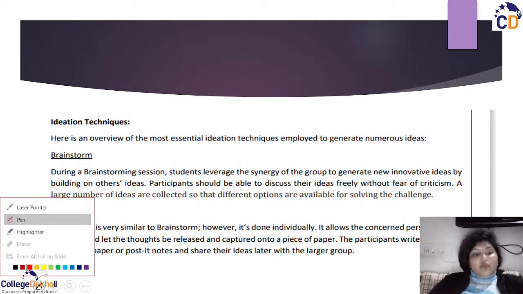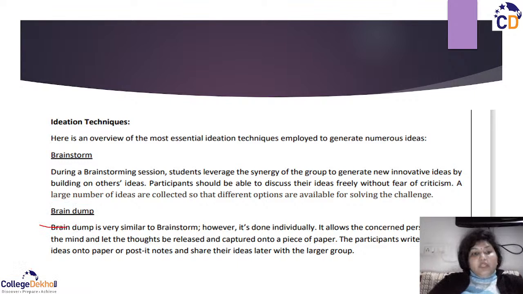People who are not able to speak in public may use dumping techniques, right? This technique is very useful for those who have innovative ideas but are not able to speak out. It allows the person to open the mind and let the thoughts be released and captured on a piece of paper, right?